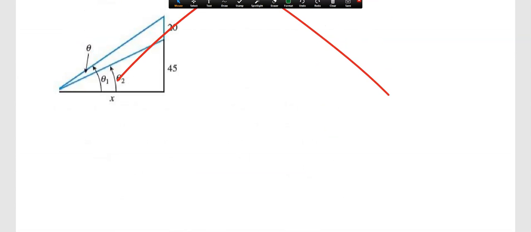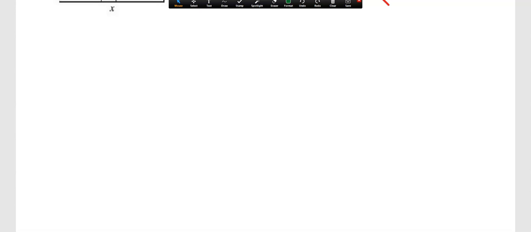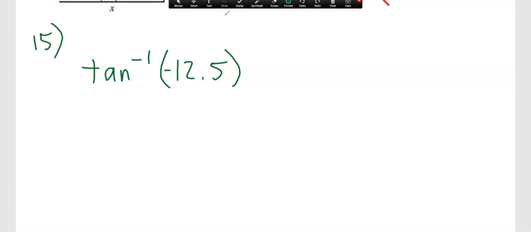What's 15? Negative 12.5. I would need a calculator for this. Did they give me more specific information? Like, did they indicate whether the answer needs to be in radians or degrees?